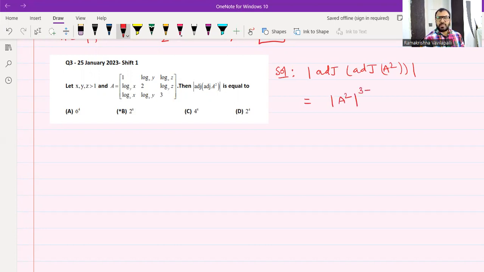Which means 3 minus 1 whole square. This is det A whole square, and this is 4, so totally it becomes power 8. So we want det A whole power 8. So now what is the determinant of A?